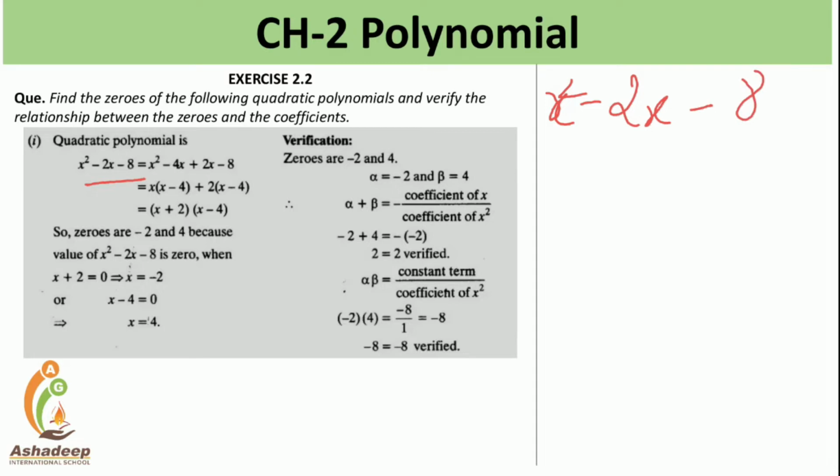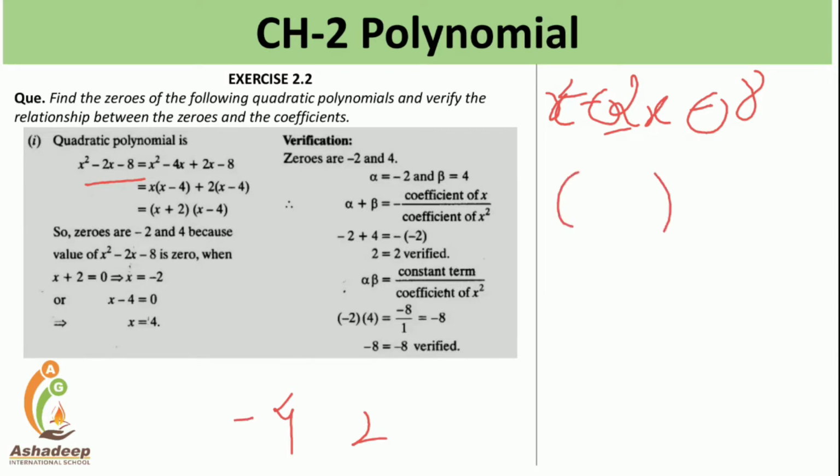Now I have an 8 here, so I have to factor 8, and as it is a minus, I need two factors whose difference is minus 2. So it's nothing but 4 and 2. The middle term sign goes with the bigger digit, so 4 is going to be the minus.